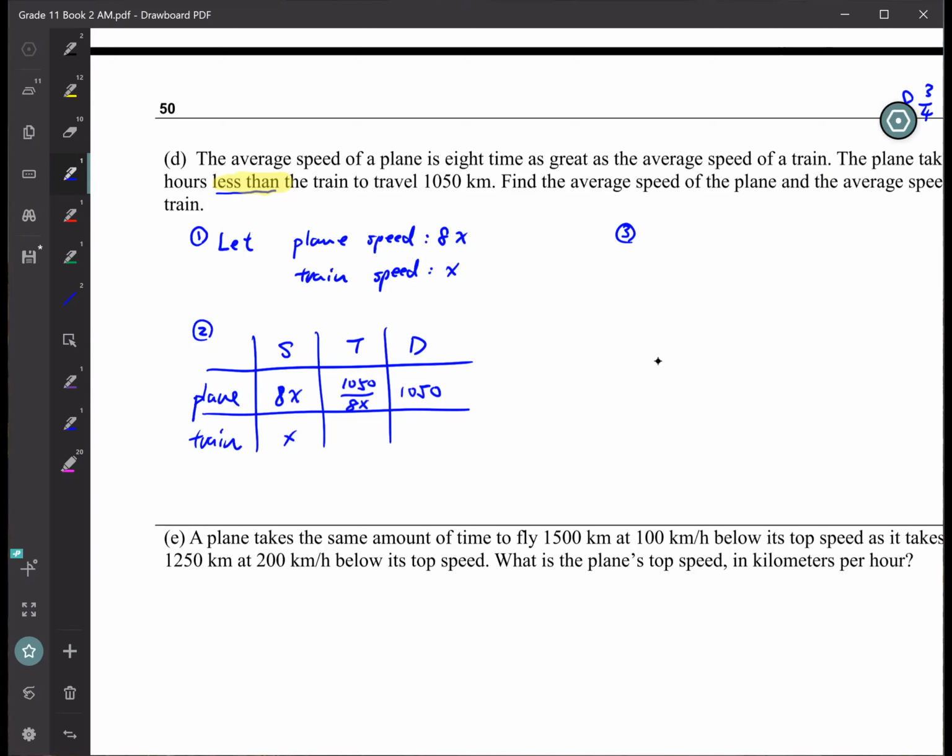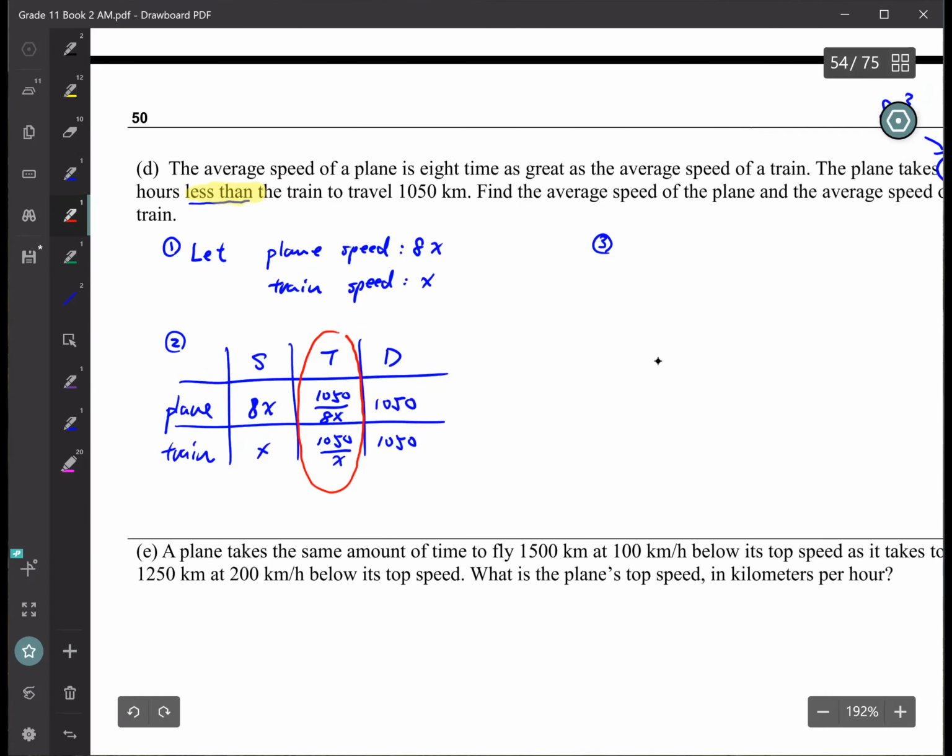I don't know the time. We don't know time. Do you know distance then? Distance is 1050, so it's 1050 over x for time. Okay. Because you always have one last column that you don't know how to get from the question, that means that's the column where you use the formula. So distance over speed is time. And Eric, what do you have for the equation now?